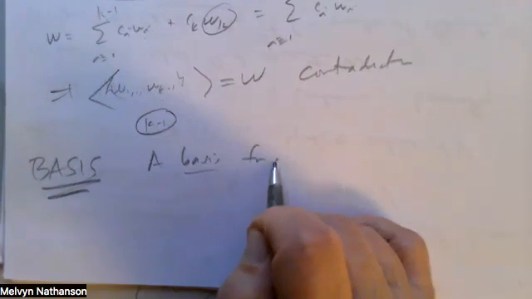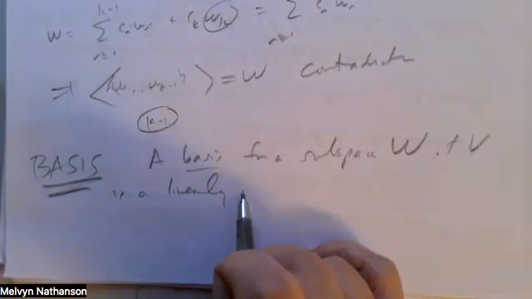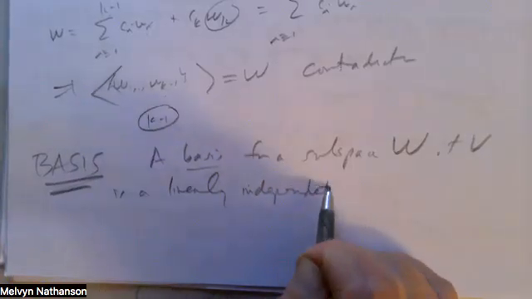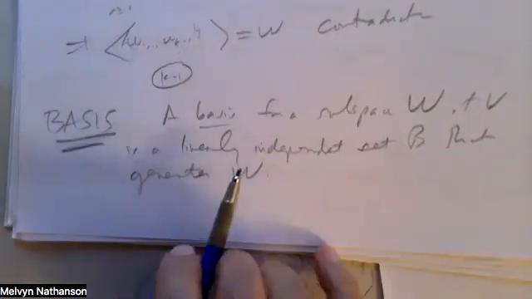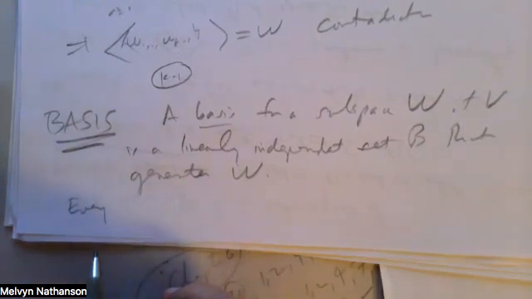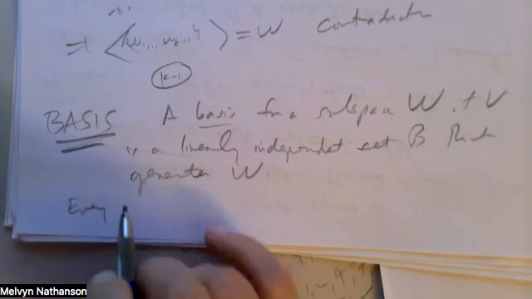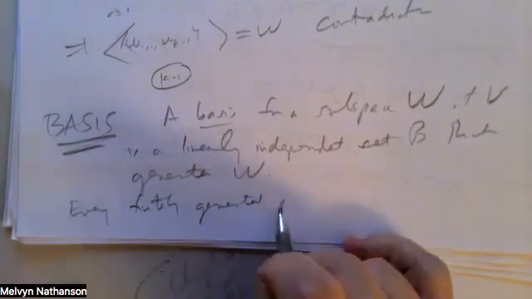A basis for a subspace W of V is a linearly independent set of vectors that generates W. And what we just proved is that every finitely generated subspace has a basis.